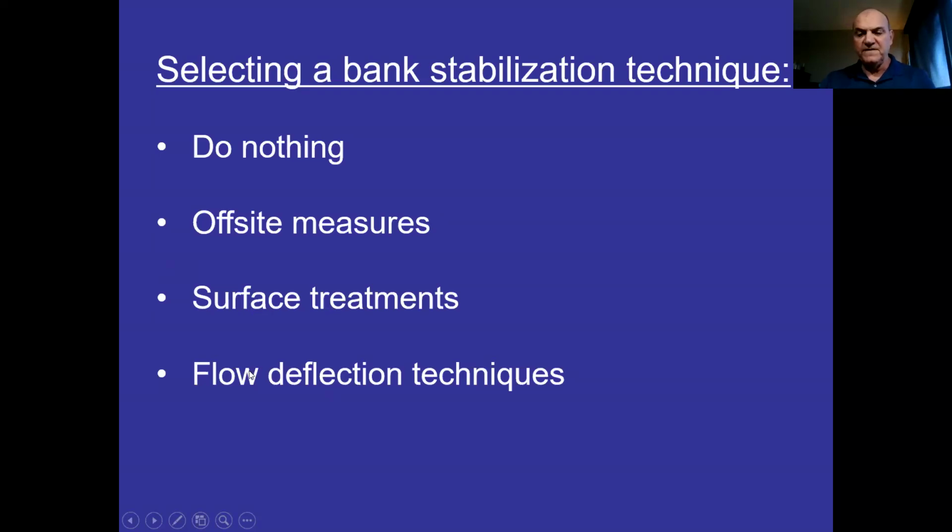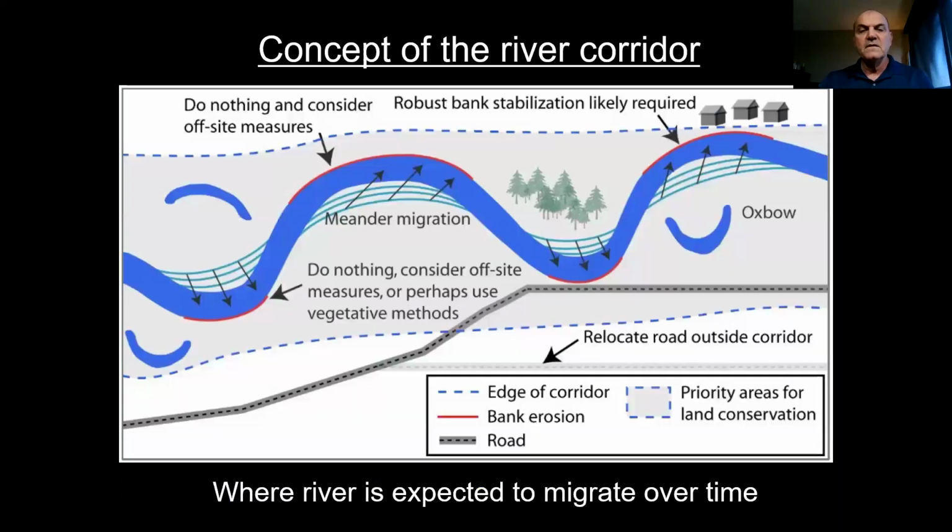These are a couple of different treatment types or categories, if you will. So starting from the top, the first thing is, can we just let the river maintain its dynamic nature and reach stability through that erosion and deposition?